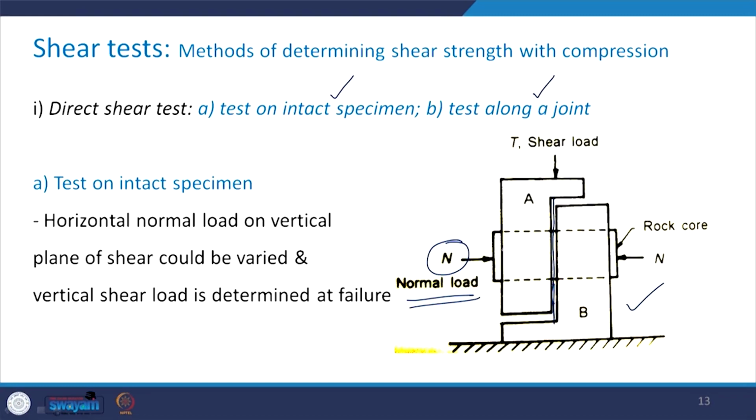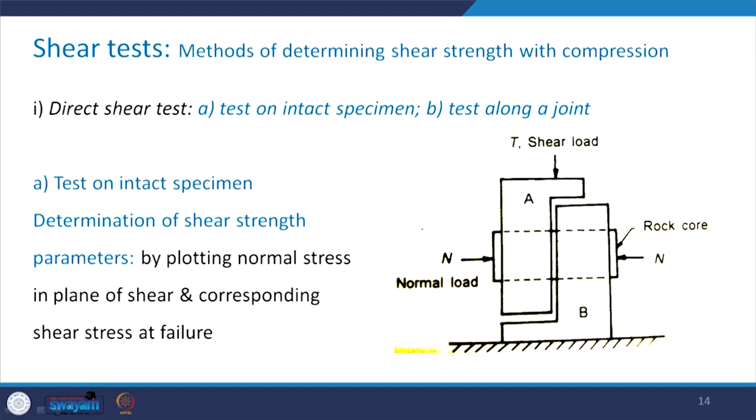Vertical shear load is determined at the failure on this rock core. You know what the shearing area is, and at failure, if you divide the shear load and the normal load by the shearing area, you get the shear stress and the normal stress respectively.